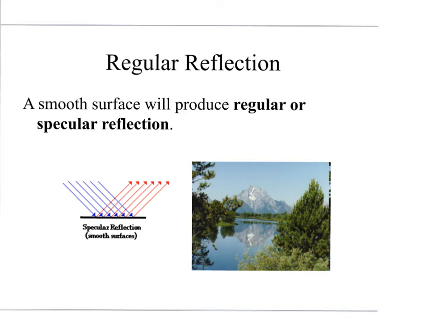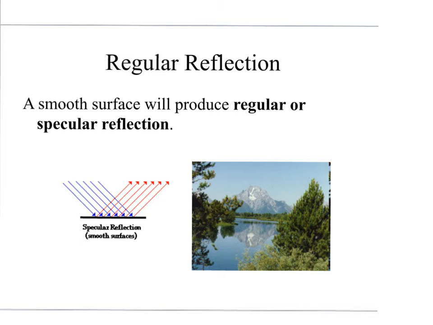Now, there are two different types of reflection. We have regular reflection, or another way of saying that is specular reflection. This reflection occurs with a smooth surface. So in this picture, we have glassy, smooth lake water, and the reflection is precisely reflected. You can see the mountain up here, and it's reflected in the water.